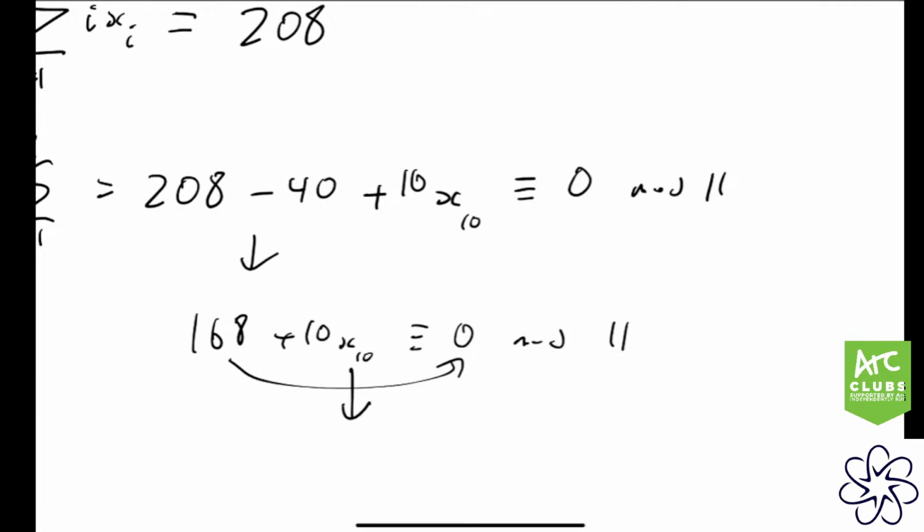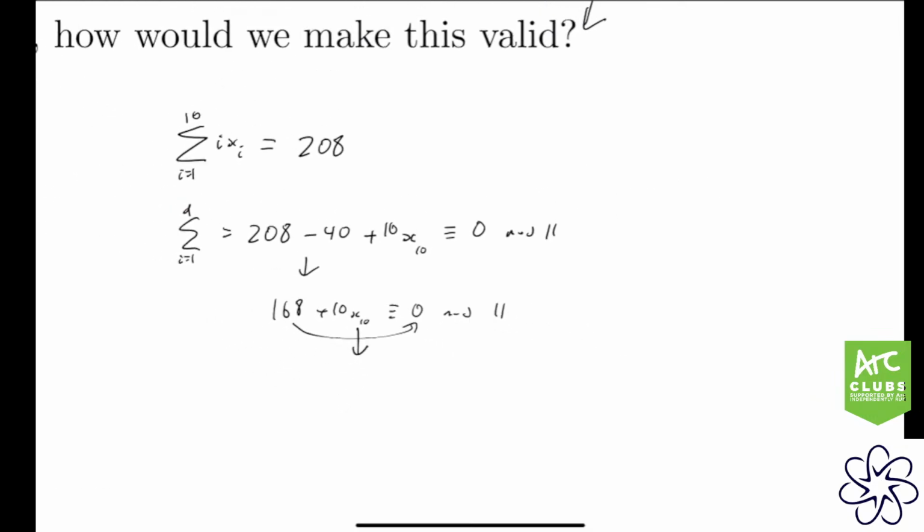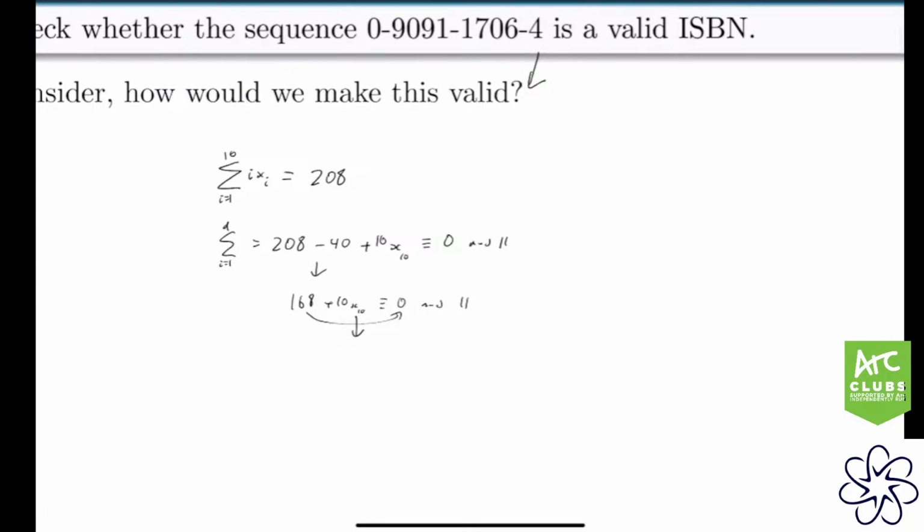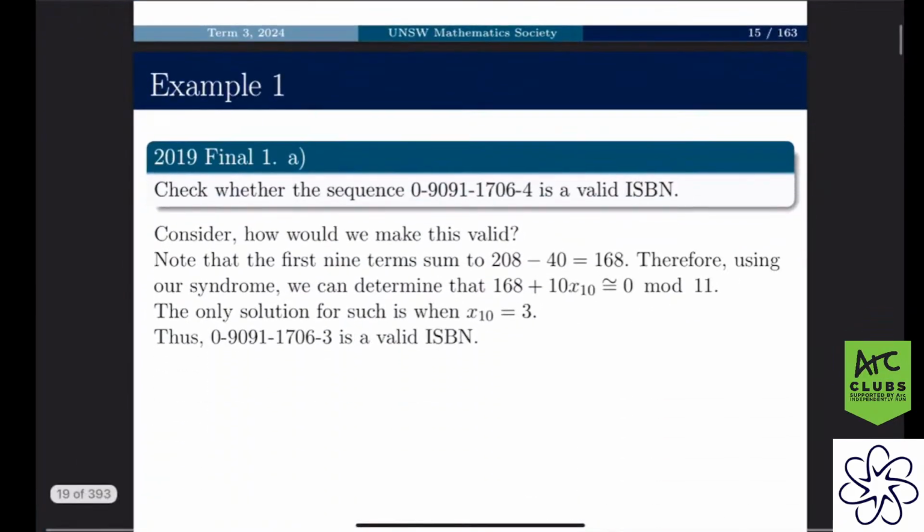Even using a calculator, just sub in from 0 all the way to 10 and see which of these values make the equation hold, such that the summation is congruent to 0. And seeing here, the only solution for such is x10 equal to 3. So that's pretty nice. We get it early on if you were guessing and checking. Thus, it's a valid ISBN.